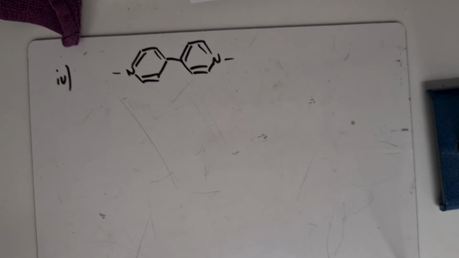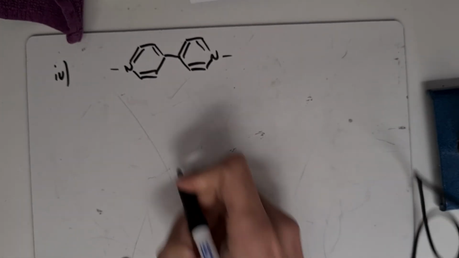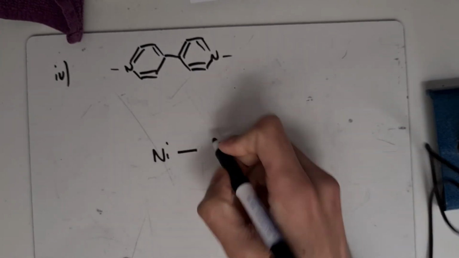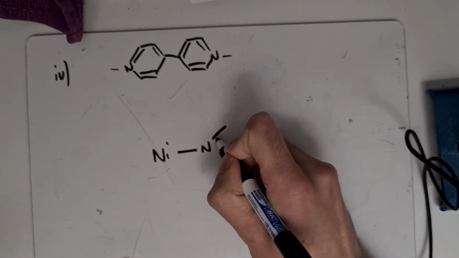For example, nickel can form a coordination polymer with 4,4-bipyridine containing nickel and 4 waters, and they're 4,4-bipyridine chains. Draw a 3D diagram to predict the repeat unit in this coordination polymer. So we're going to have nickel, and that is going to bond with a coordination bond with just 1 of our 4,4-bipyridine at the moment.